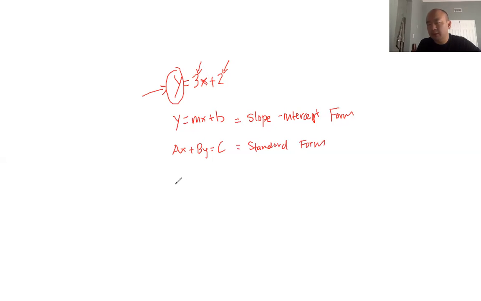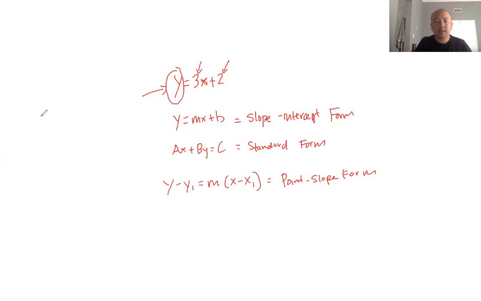I don't really use the point-slope form too much, and I don't think it's as necessary, but people like it, and it could help with different types of problems. So whenever you look at an equation, look at the different features of the equation.